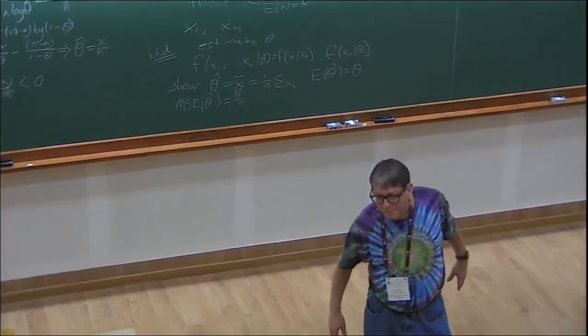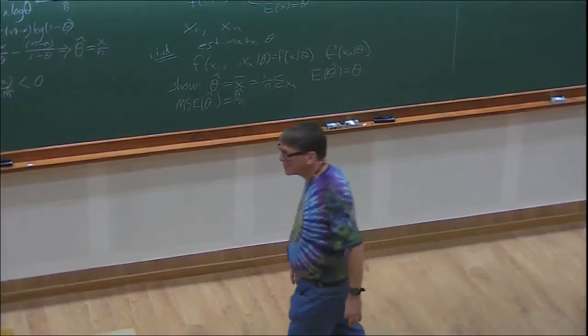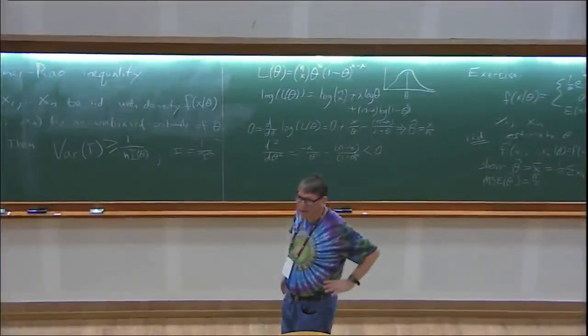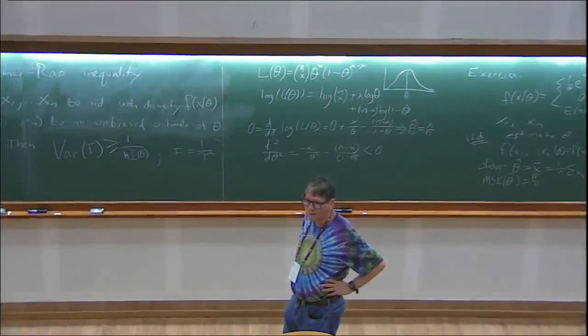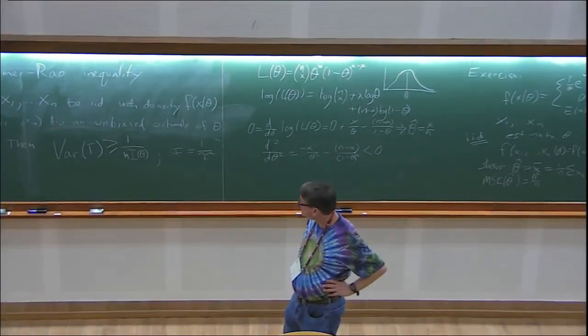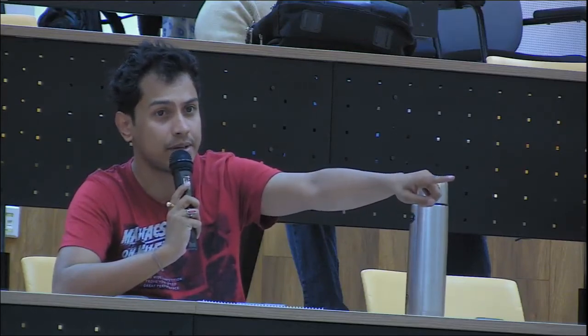Yes? The Cramer-Rao inequality: if I go to the formula, the variance should be greater than or equal to 1 over nI. My question is, I is 1 over tau, so if I go to the formula of 1 over tau written on the left board, it is the expectation value.